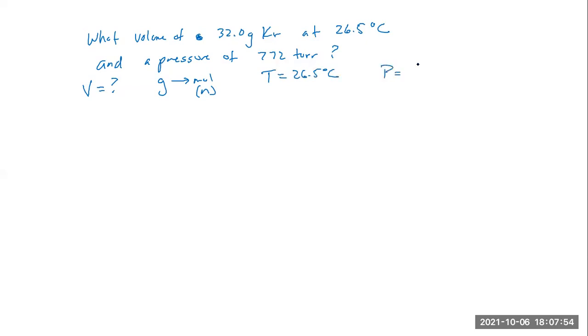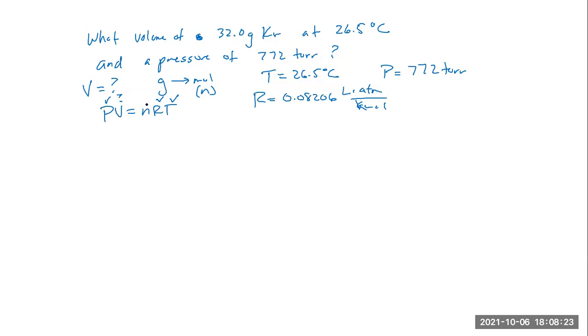This should lead you to the ideal gas law, PV equals nRT. We have a pressure, we're looking for a volume, we have a temperature, and we always have R because it is a constant, with those units.